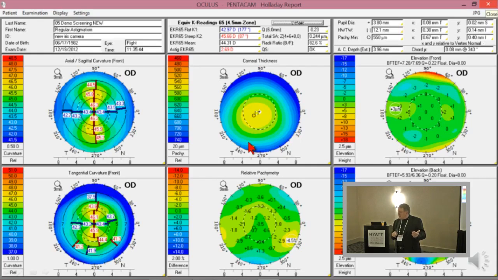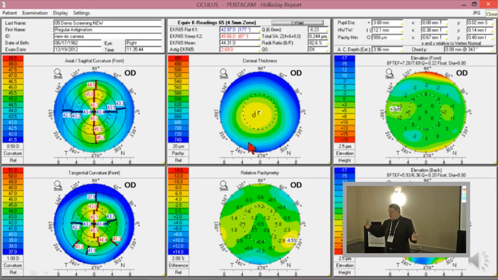It's a little bit less, okay? So the point is, if you want to correlate zonal K readings with ring keratometric readings, you'll find that the diameters that have the best correspondence are those in which the diameter of the keratometer ring is the square root of 2 times less than the diameter of the zone.